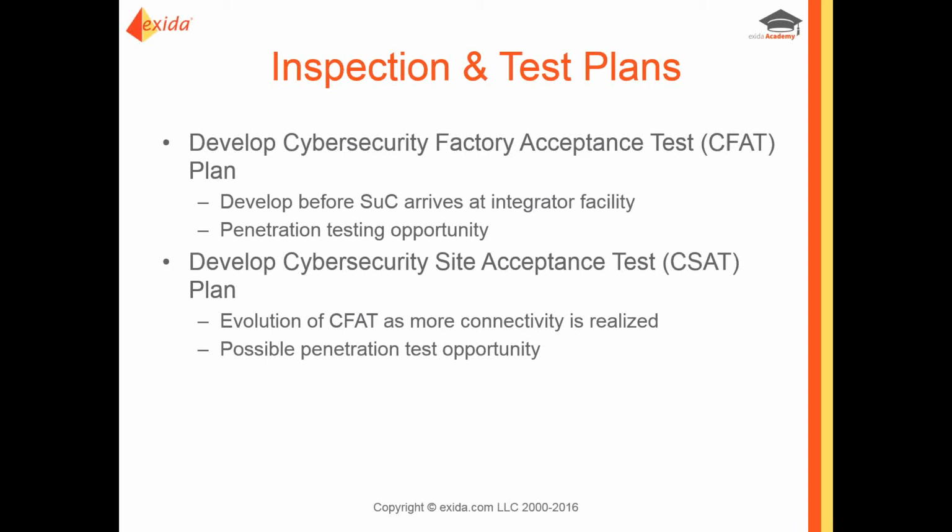You should also have been developing, as part of those inspection and test procedures, the first place to implement some of those, which is during the cyber factory acceptance test.